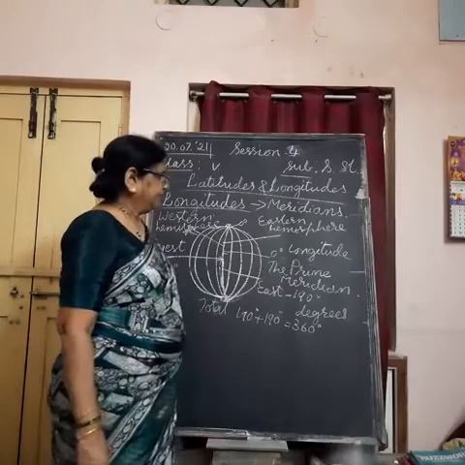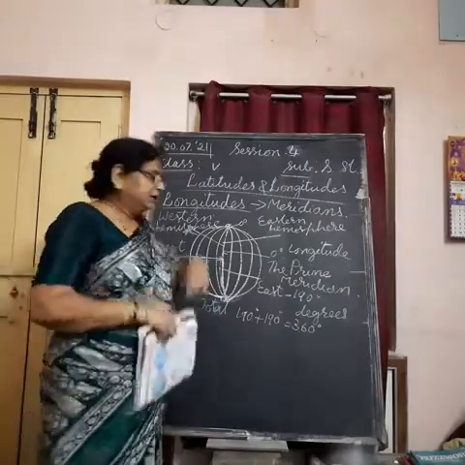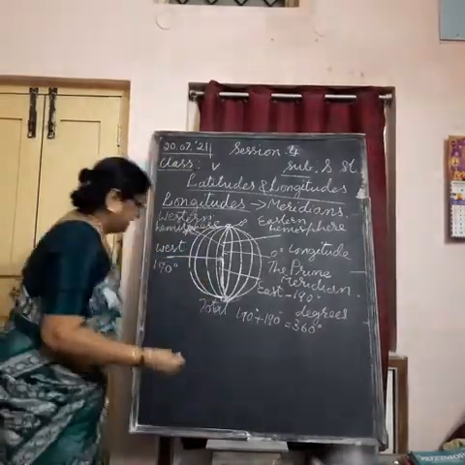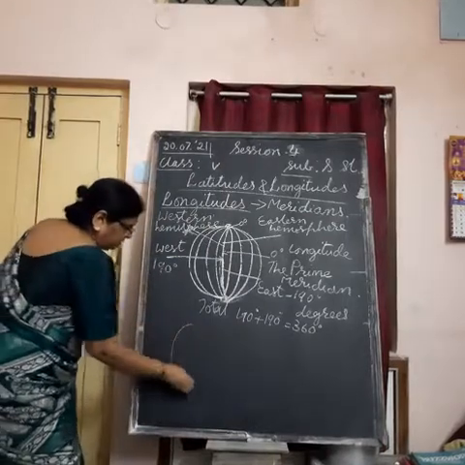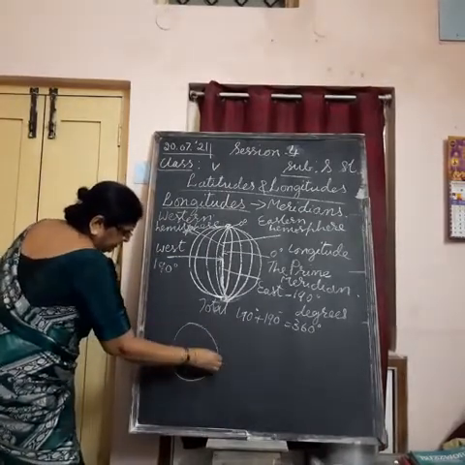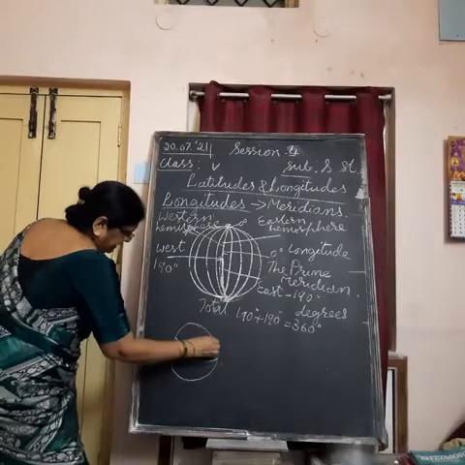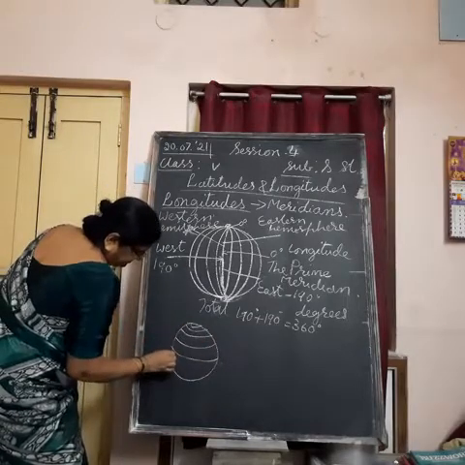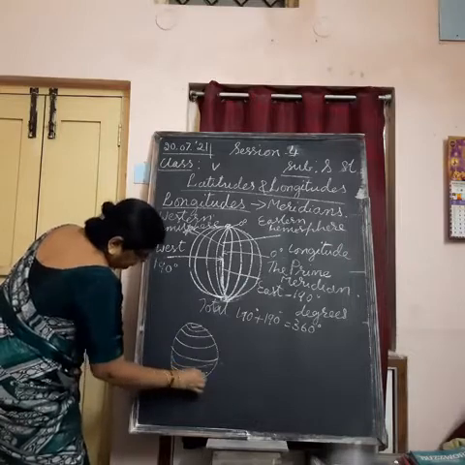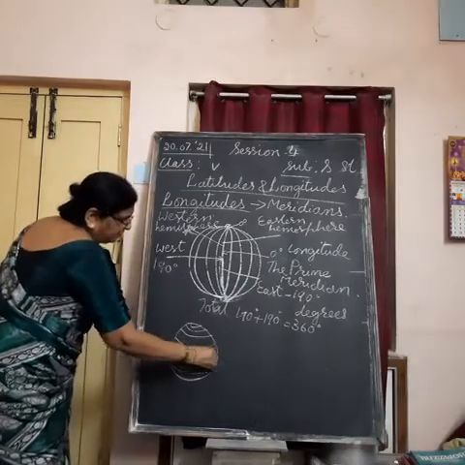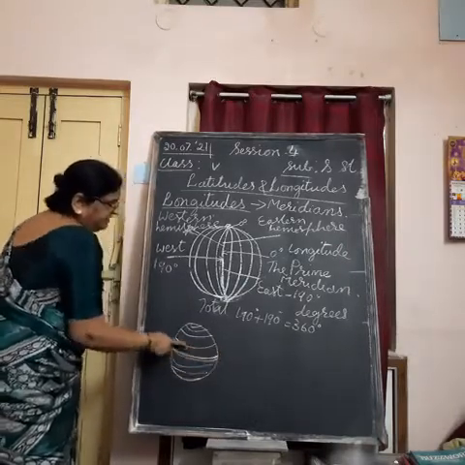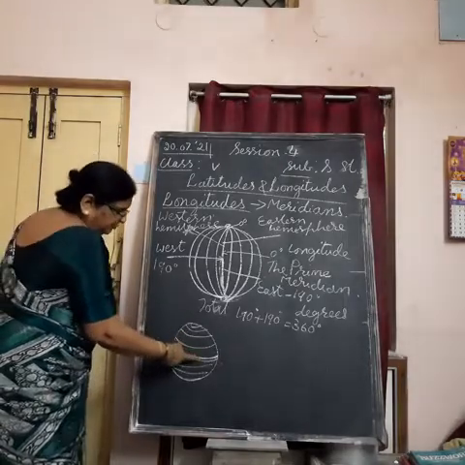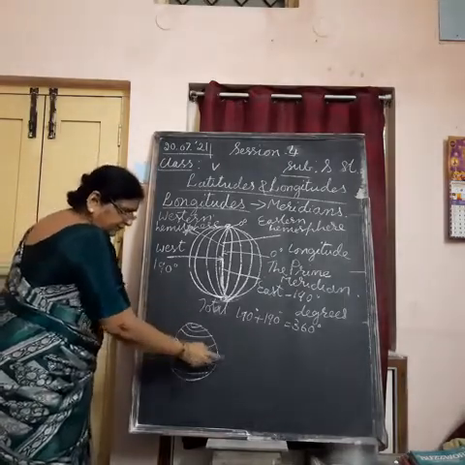And one more thing, when I showed you, again I can show that. They are parallel to each other. But what do you observe here? The size of the latitudes decreases as they go towards the north from the equator.